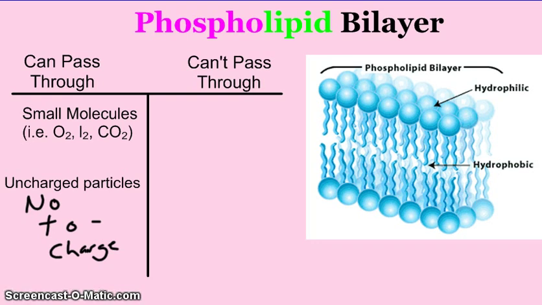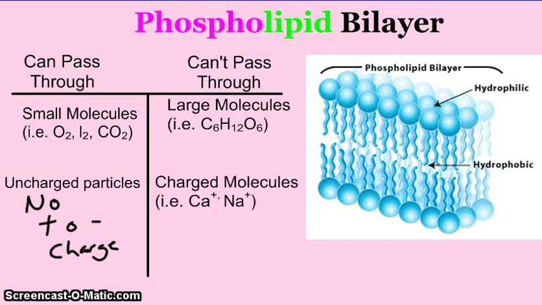The kinds of molecules that cannot pass through are sort of the opposite: large molecules, for example glucose, C6H12O6, and charged molecules. And then there's one special molecule that I want you to be aware of that also cannot pass through the selective membrane because it is charged, and that is water.